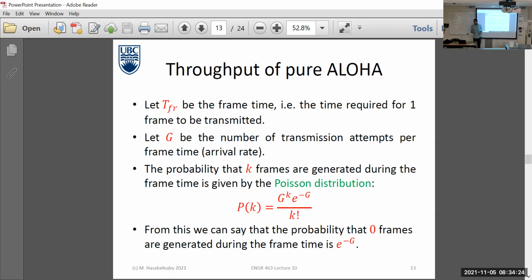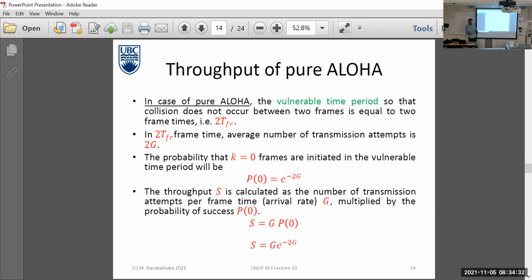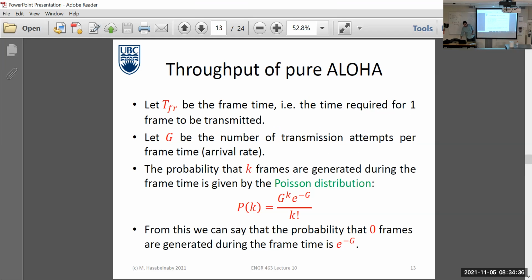But in pure ALOHA, I have my vulnerable time equal to 2 frame transmission times, while this formula was for one frame transmission time.